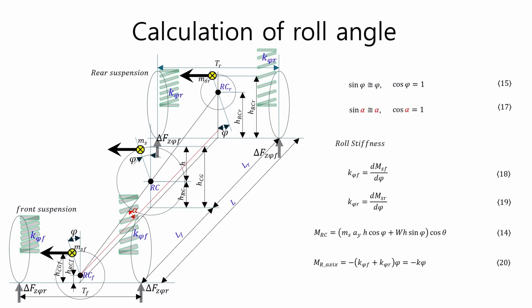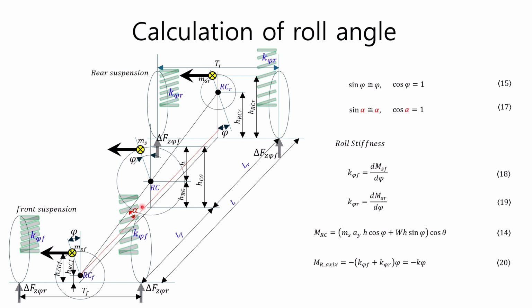As discussed above, in order to obtain the load distribution due to the moment generated by the sprung mass, we need to know the roll angle. To calculate the roll angle, we need to find the suspension stiffness of the front and rear wheels and the moment generated by the sprung mass in a vehicle driving at a constant speed with a constant turning radius.